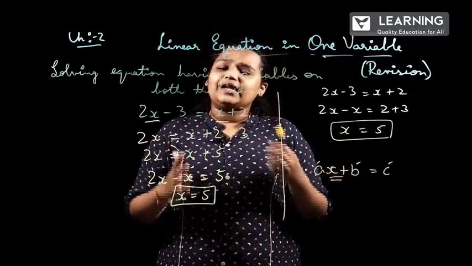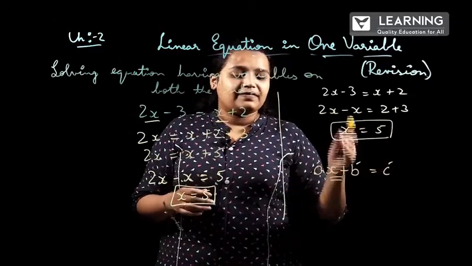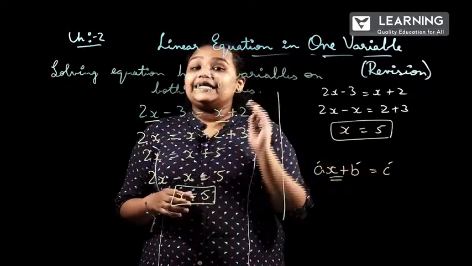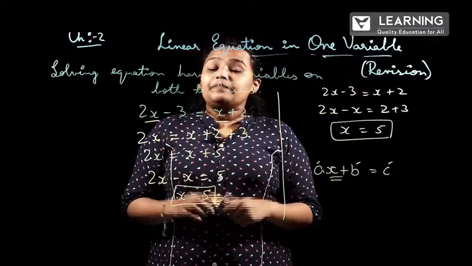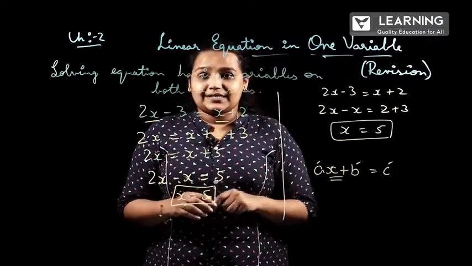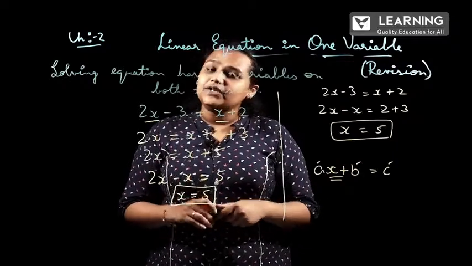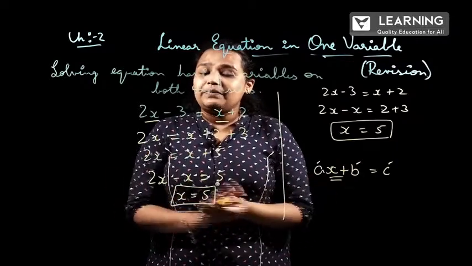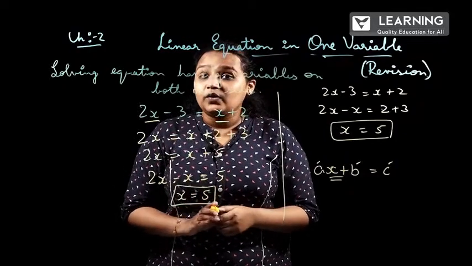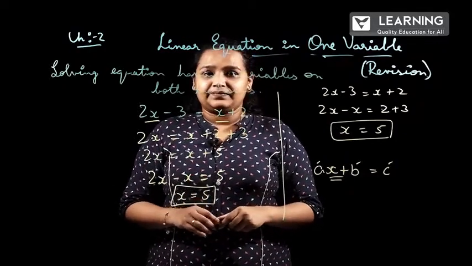If we have any equations in this form, then those equations are called linear equations in one variable. Now we will start with the first exercise, exercise number 2.1. After completing it, we will be completing today's session. I hope you will like our session.